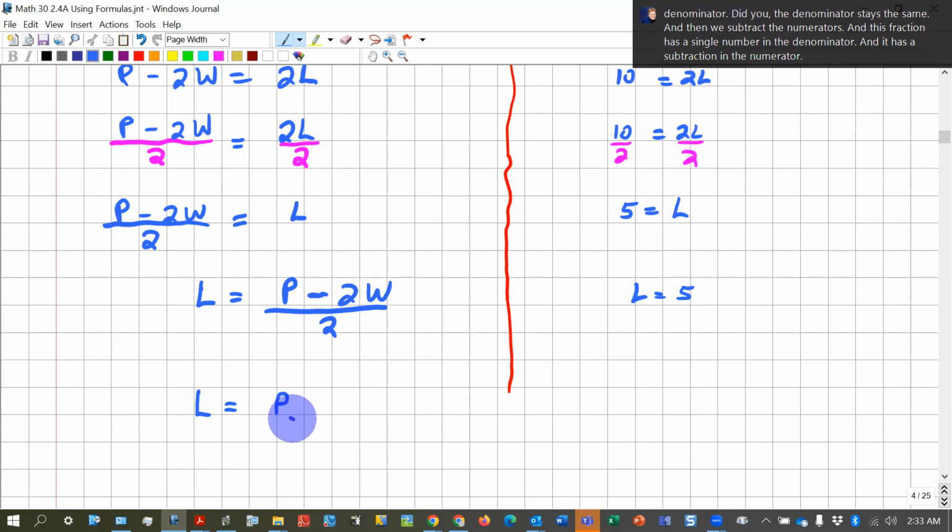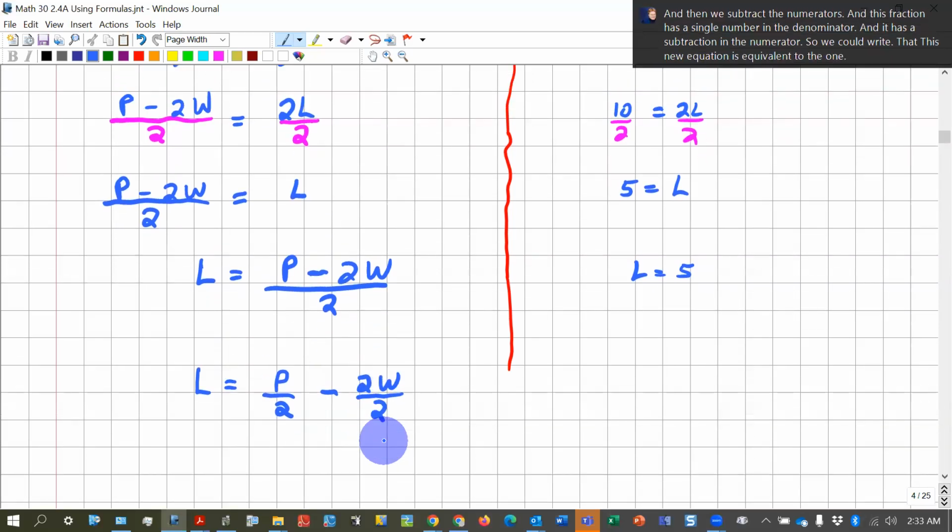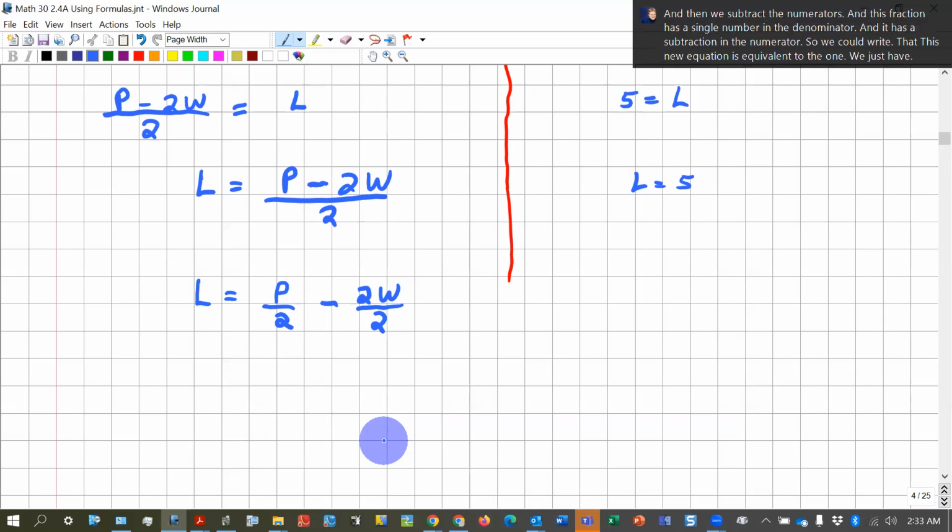So we could write that this new equation is equivalent to the one we just had written.